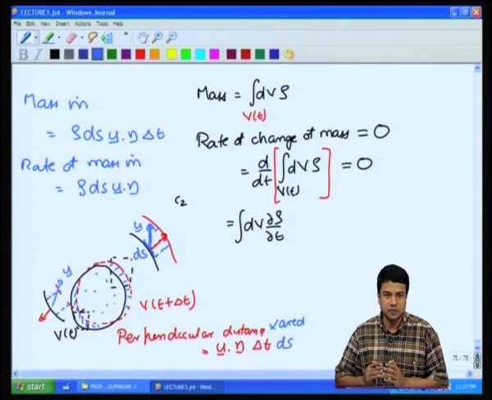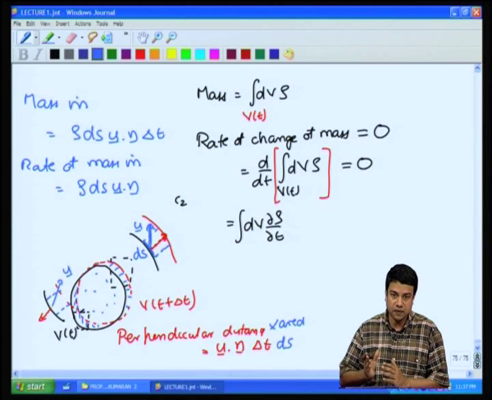There is a rate at which mass is left, except that now u dot n is negative, because u and n, the angle between them is greater than 90 degrees. The velocity is going to be opposite to the unit normal in such a way that there is some volume that is left behind as the surface moves.